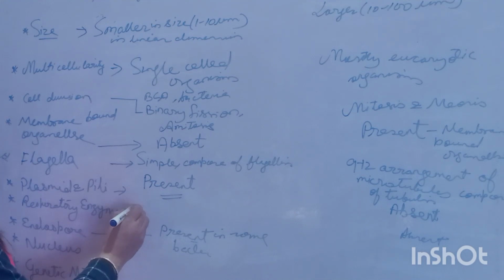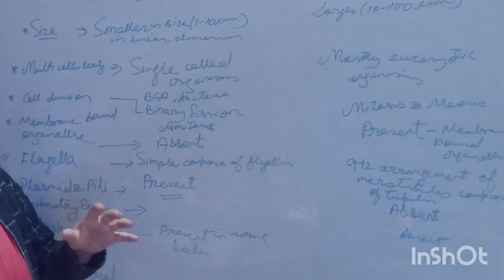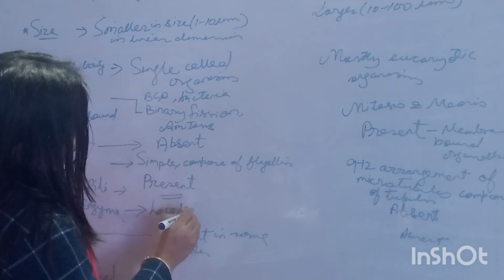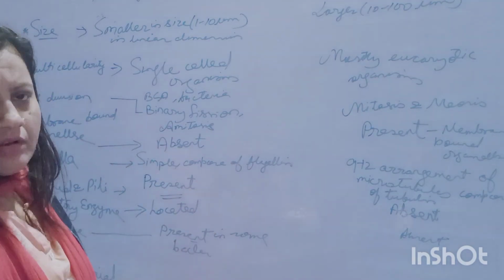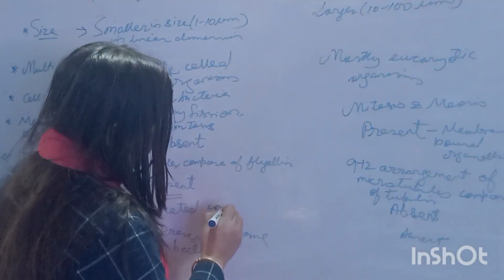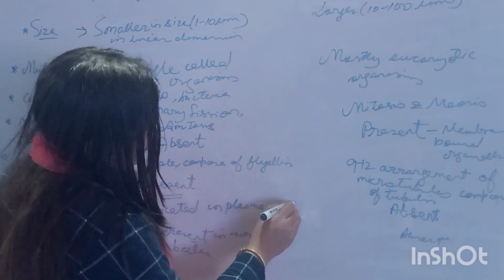And respiratory, what about that? For the respiratory process in prokaryotic cell, the respiratory enzymes are located in the plasma membrane, as they have no specific organelles like that. We have studied about mesosome.